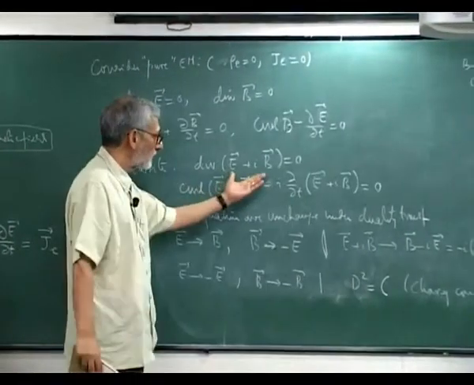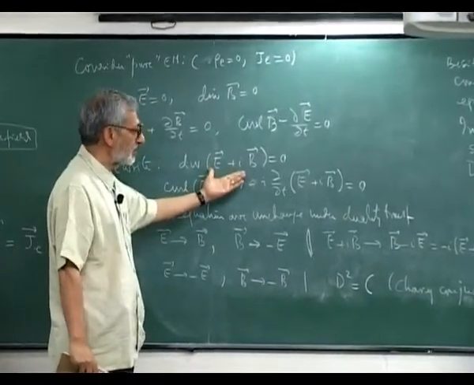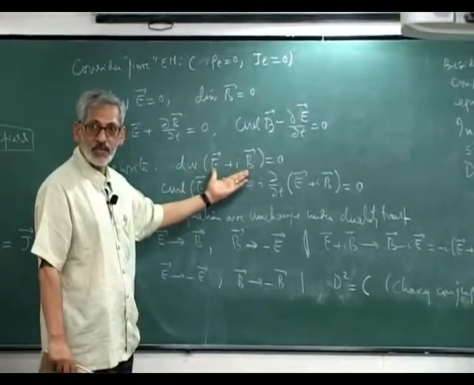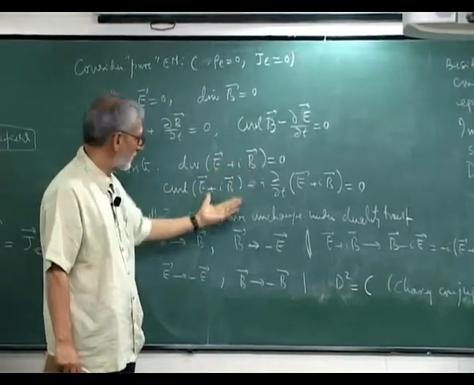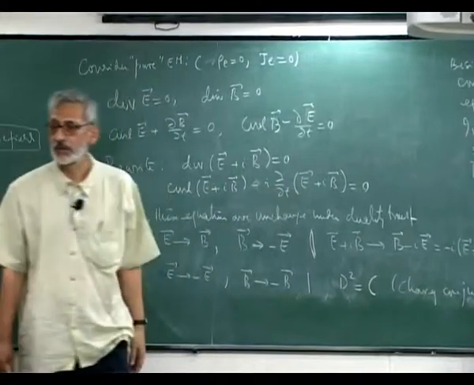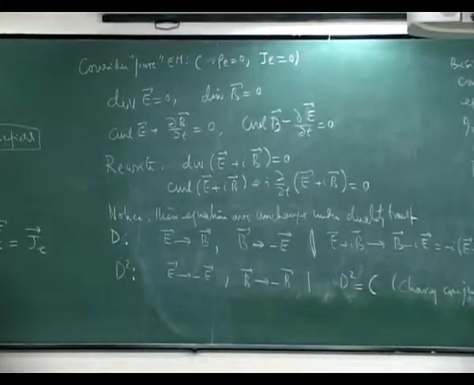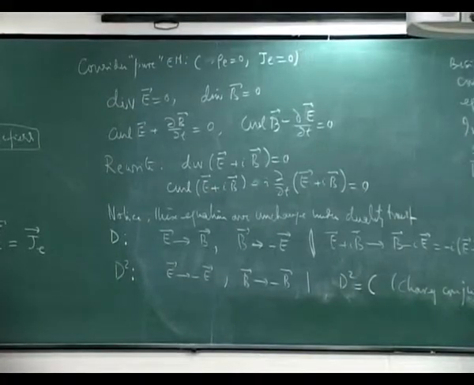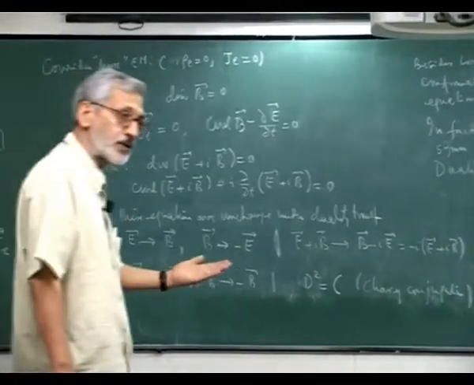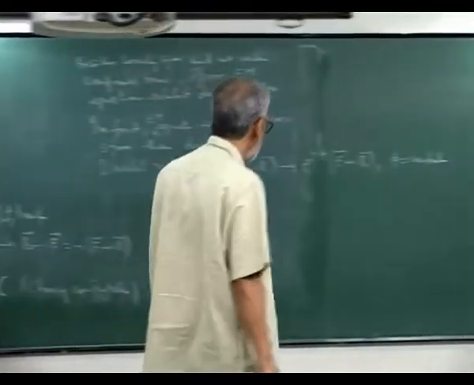Because obviously if I multiply it by a phase, this constant phase, these equations are unchanged. So not only discrete duality, but even duality rotation, where phi is an arbitrary constant phase.